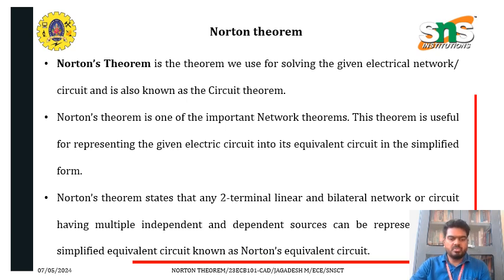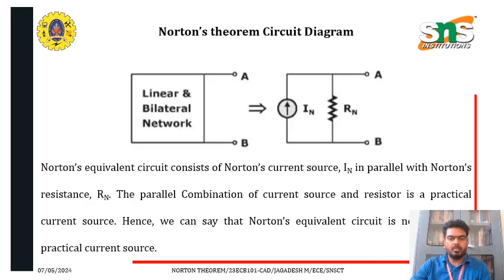So Norton theorem states that any two-terminal linear and bilateral network or circuit having multiple independent and dependent sources can be represented in a simplified equivalent circuit known as Norton's equivalent circuit. As I said, in this Norton simplified circuit, whatever circuit is given will be converted into a current source in parallel with a resistance.